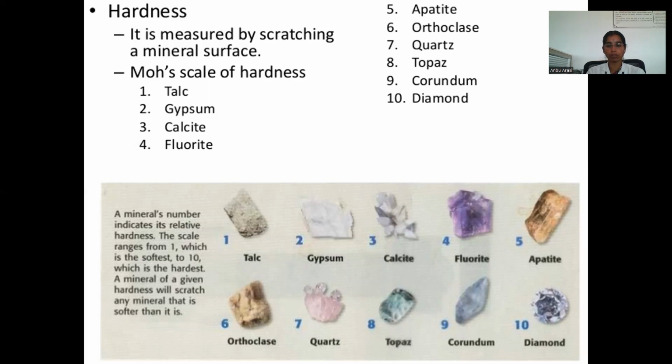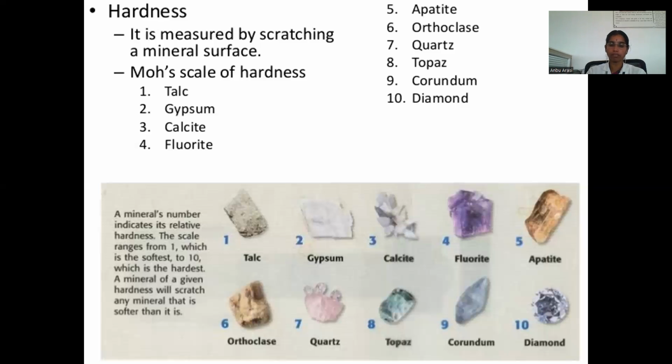The hardness number of that mineral may be 5.5, where apatite has hardness number 5 and orthoclase feldspar has hardness number 6.